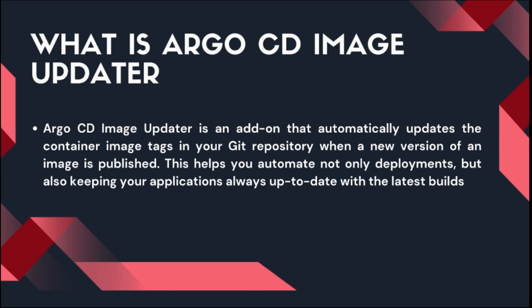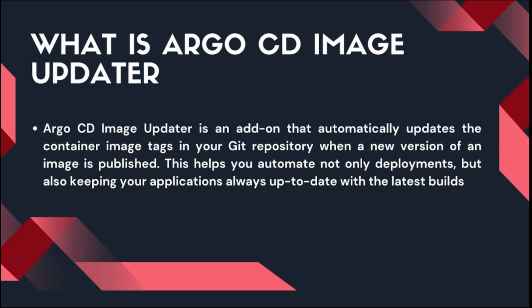Then it updates the image tag inside your Git repo, in your Kubernetes manifest or Helm charts. So it creates a Git commit and pushes. So your Git always stays the single source of truth. Then Argo CD automatically detects the Git changes and deploys the updated app into Kubernetes.